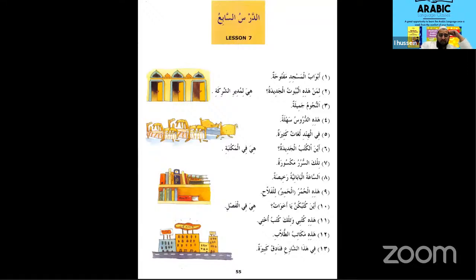Number 13. في هذا الشارع فنادق كبيرة. In this street are big hotels. Here fi is coming at the beginning of the sentence, which is a preposition. هذا الشارع is majroor, and this is a predicate coming at the beginning of the sentence.